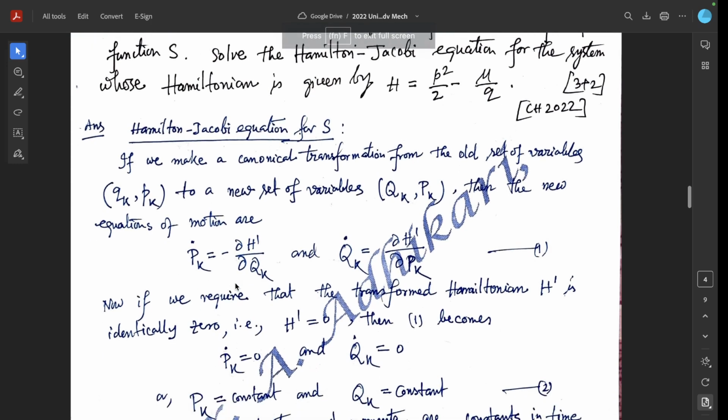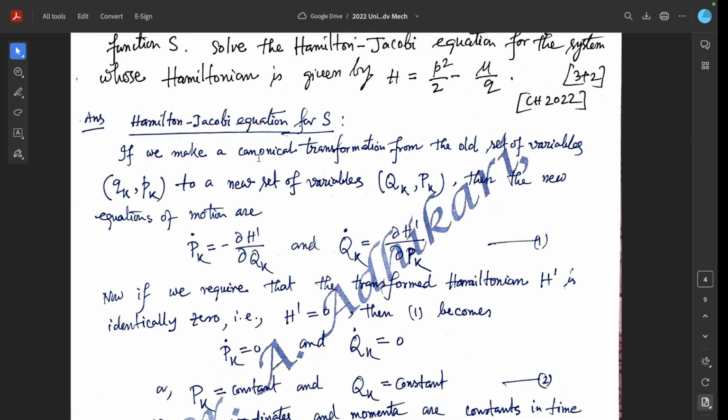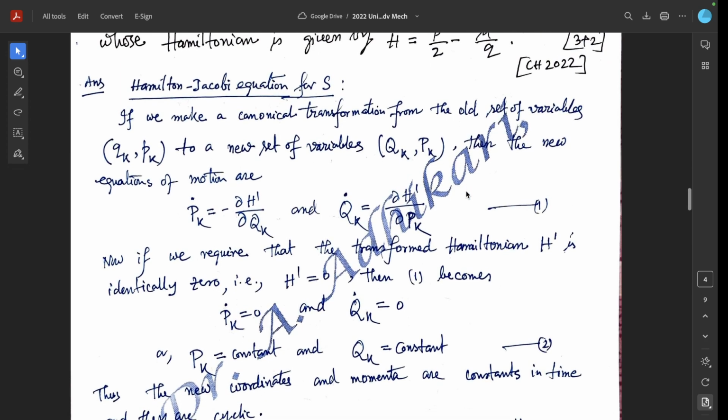Hamilton-Jacobi equation for S. If we make a canonical transformation from the old set of variables qk, pk to a new set of variables capital Qk, capital Pk, then the new equations of motion are Pk dot equal to minus del del Qk H dash and Qk dot equal to del del Pk H dash.